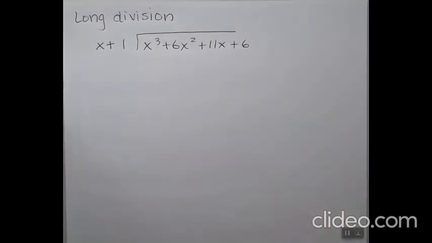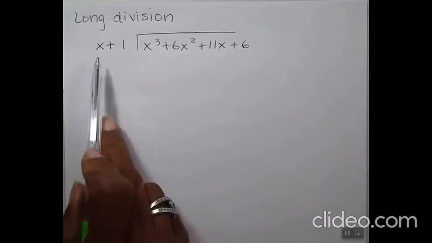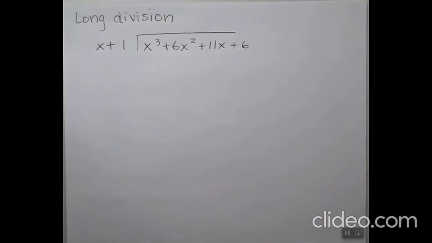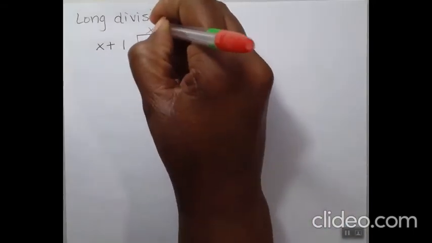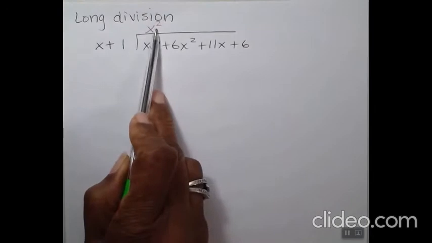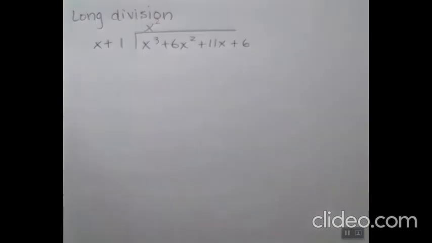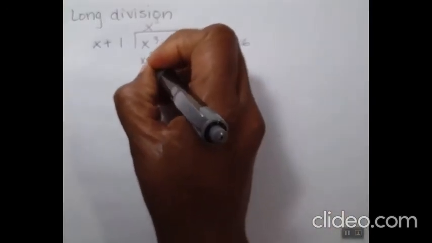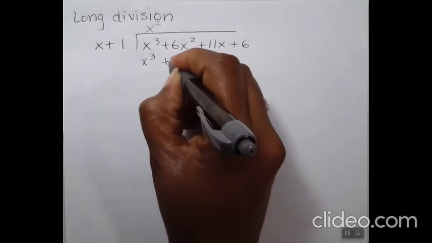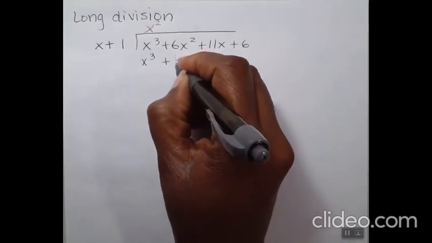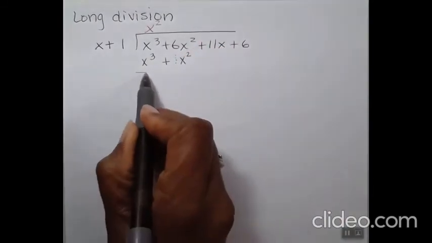That is our original equation. So when we're doing long division, this is how long division works. We see x goes into x cubed an x squared number of times. x squared times x is x cubed. x squared times 1 is plus x squared. We can put an invisible 1 here if that helps you.